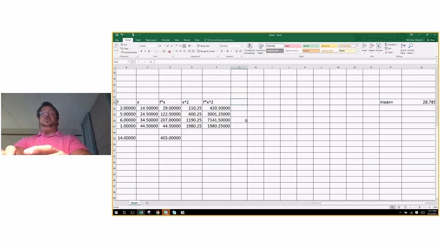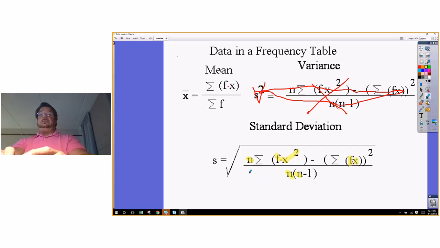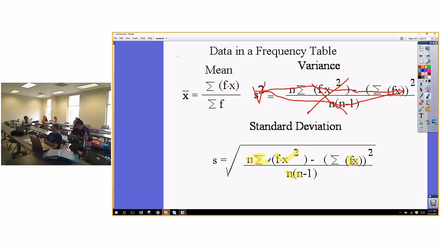Enough of me being a disappointment. All right, let's look back at what we need now. Let's go back to the formula. Okay, n, f times x squared. We just did that. What do we need to do with f times x squared after we do that? You find the sum of them. What is that funky e?